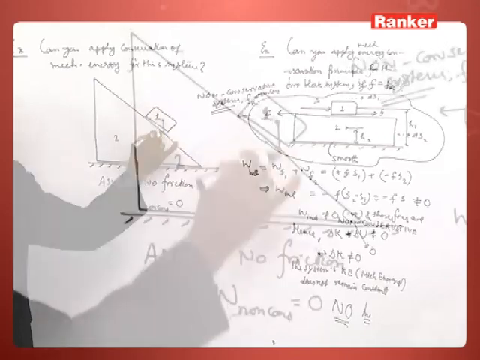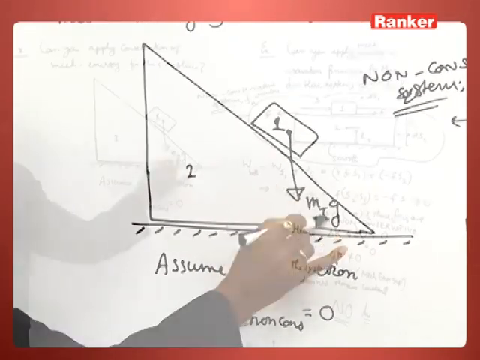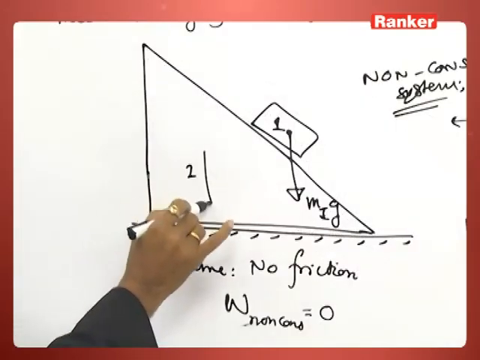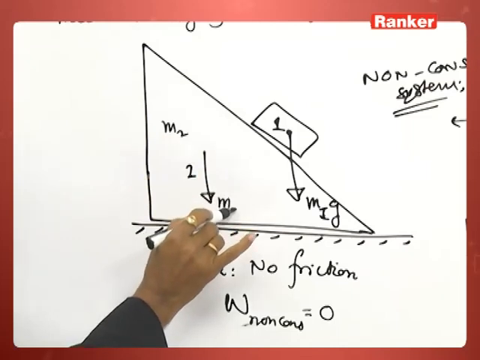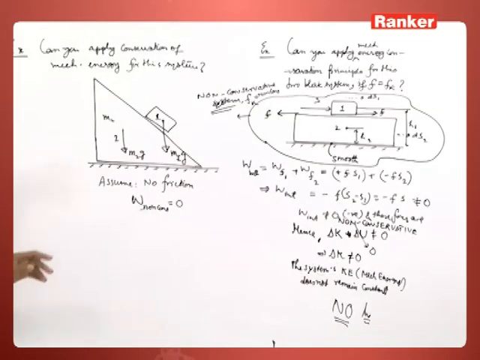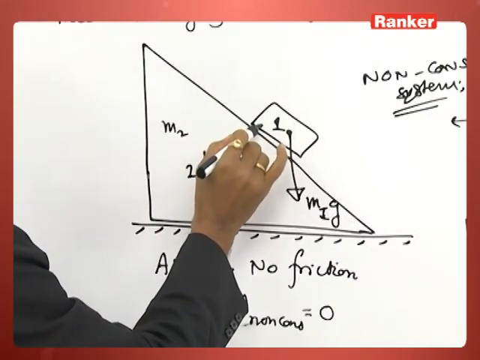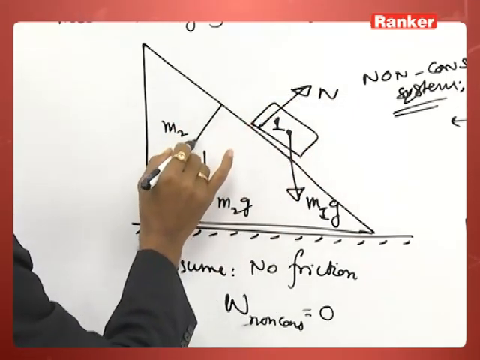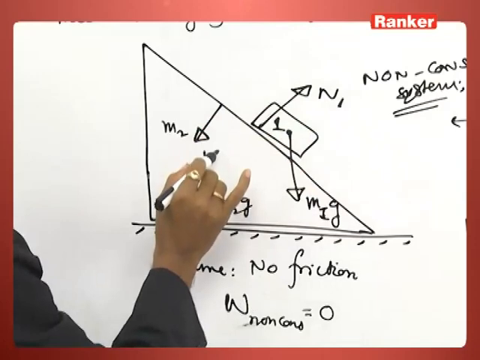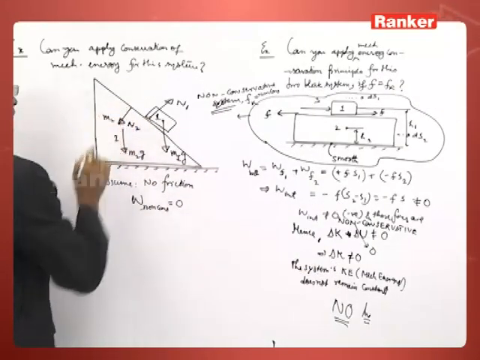Now draw the FBD. Gravitational force M1G acts on block 1. Gravitational force M2G acts on block 2. Block 1 is touching block 2. Therefore, on block 1, normal reaction N1 acts. On block or wedge number 2, the normal reaction N2 acts.